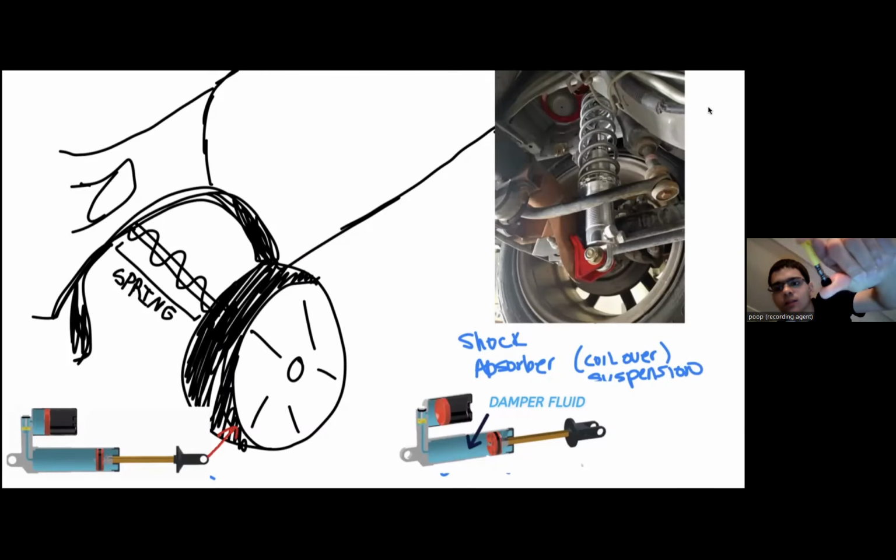And there's fluid in here, the damper fluid or oil. And this piston here has holes in it. So if it moves, the fluid can move through the hole slowly, and it dampens the bumps on the road, right?